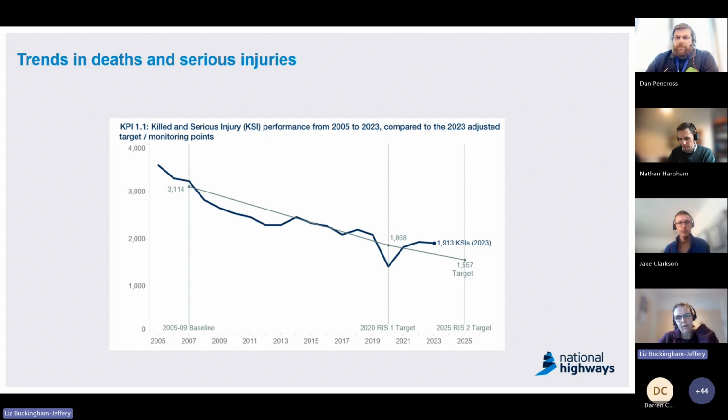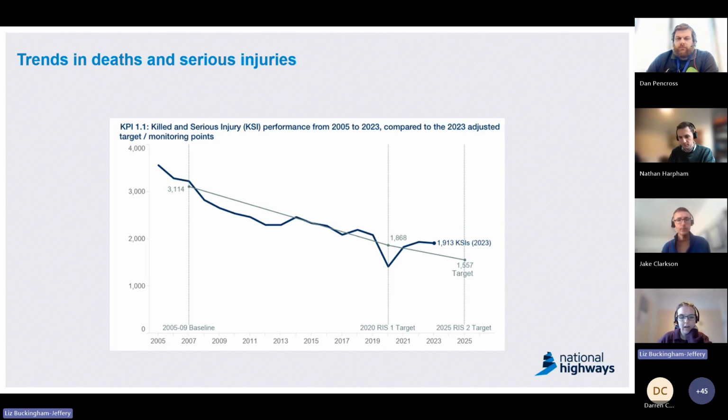However, because traffic volumes change year to year, it's tricky to directly compare the numbers this year with the number last year, particularly as highlighted to all of us during the COVID period, and this lower number here.